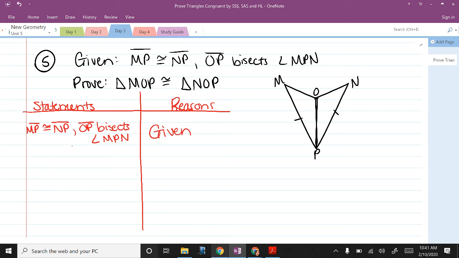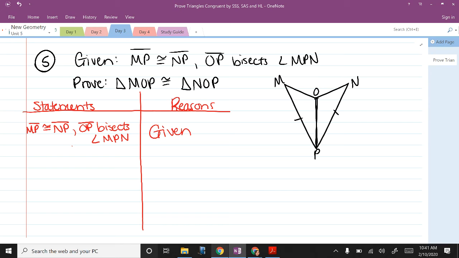OP bisects MPN. So OP is this vertical segment going down straight through the middle, and it bisects angle MPN. So basically angle P.